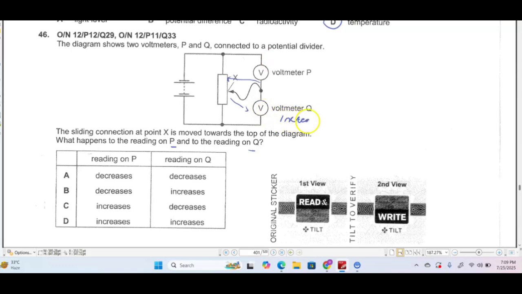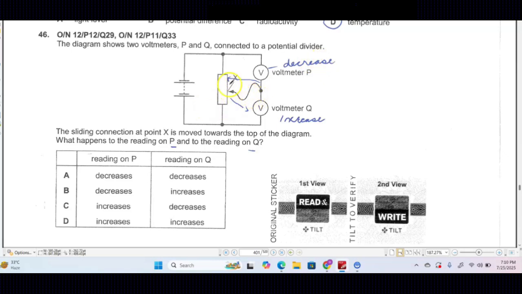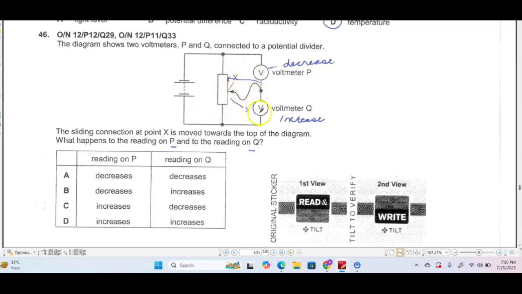And since the reading over here has increased, the reading on this voltmeter is going to decrease. So the reading on P decreases, and the reading on Q increases. So this is going to be our correct option.